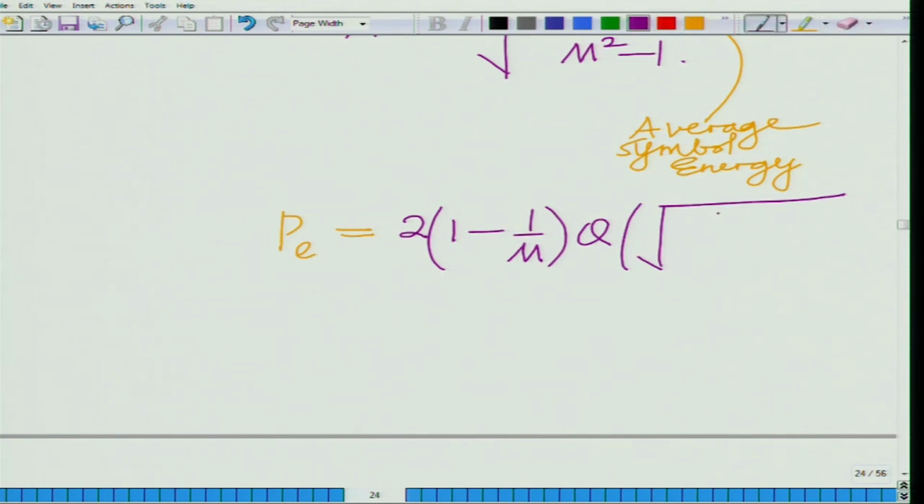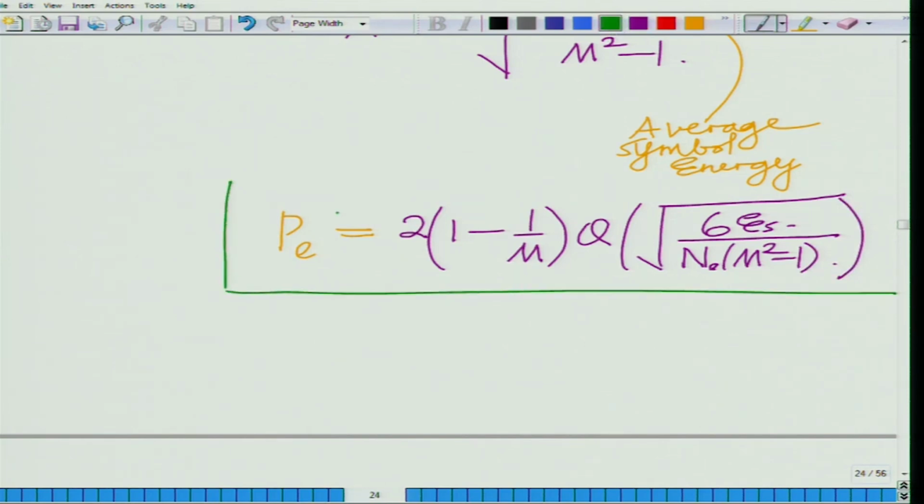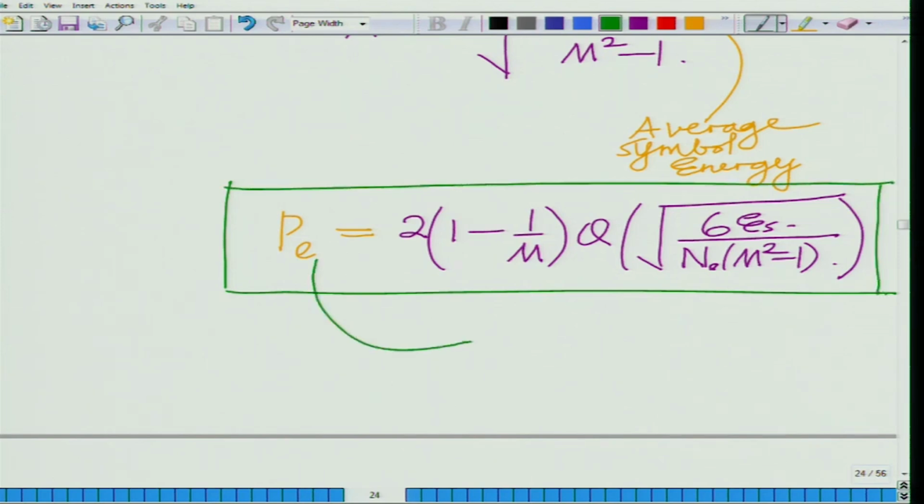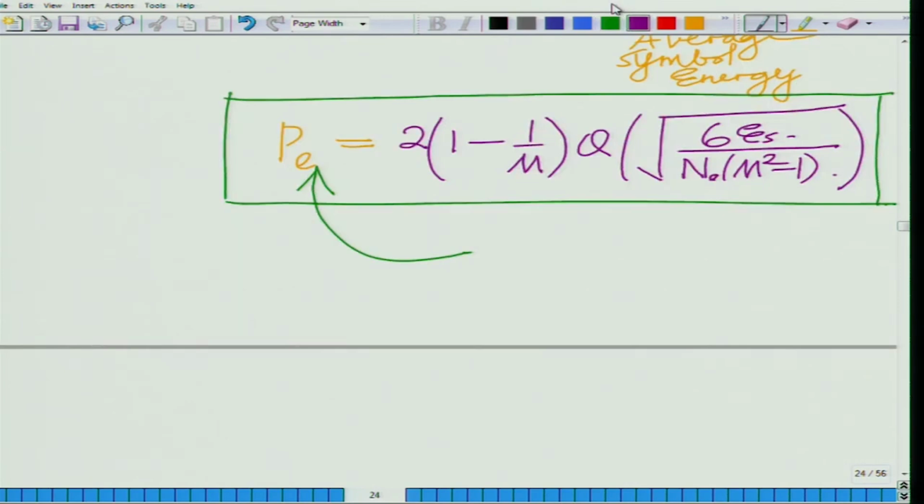So, that will be 6 Es divided by N naught into (M square minus 1). So, this is basically the average probability of error for M-ary PAM. It is slightly elaborate, but it is a very interesting derivation, and it is one of the fundamental expressions, because M-ary PAM is a very general digital modulation scheme. So, let me describe a little bit more about it.